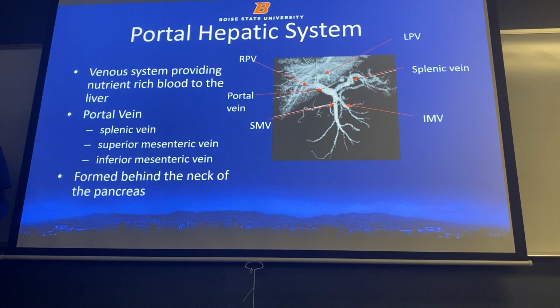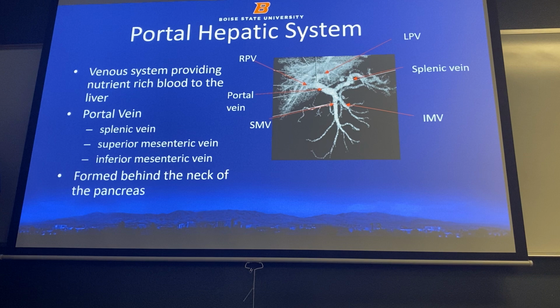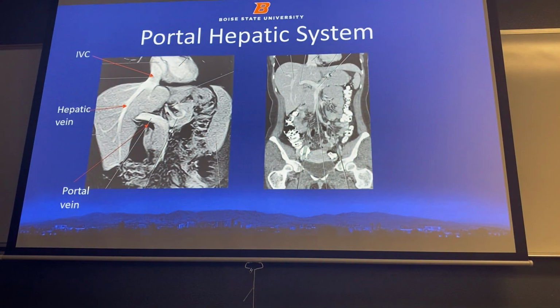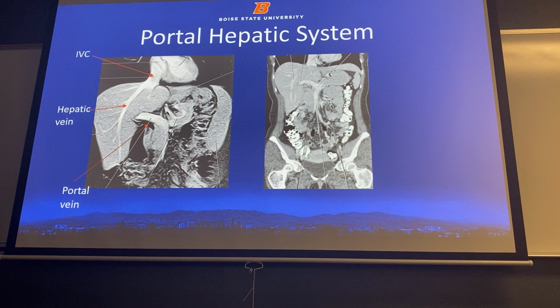They end up with necrotic bowel from that type of blockage. So it really becomes a primary vessel, one you have to evaluate carefully when doing an abdomen scan. Once again, we saw it earlier: portal vein, hepatic vein, and IVC, which is where the hepatic veins drain into, and just a different perspective from a coronal.